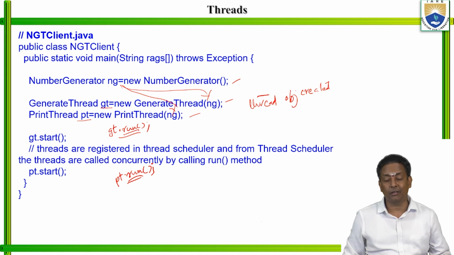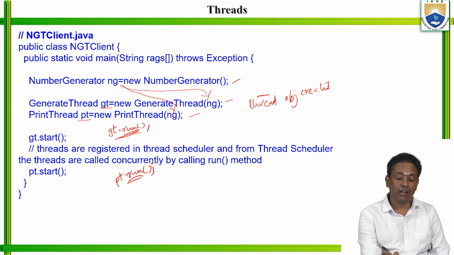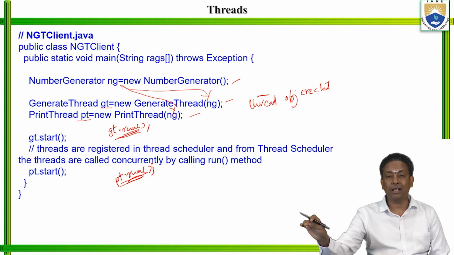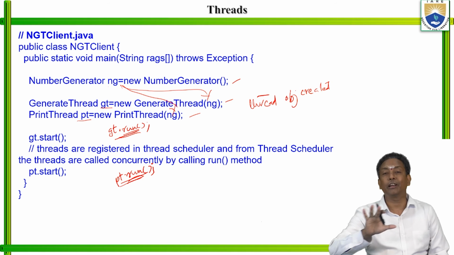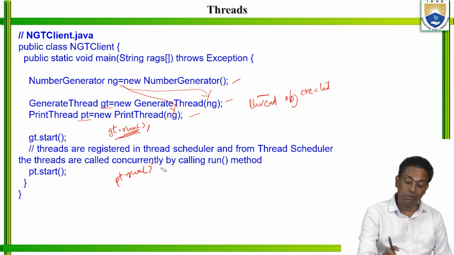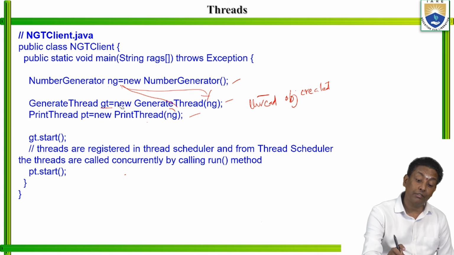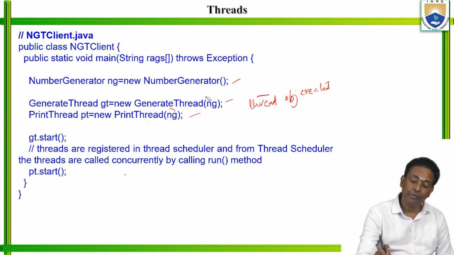But if you call the run method directly on any thread class, it will run as an individual method and will not participate as a run method in multithreading. The run method can be called, but it will run as a normal method, not as a thread.